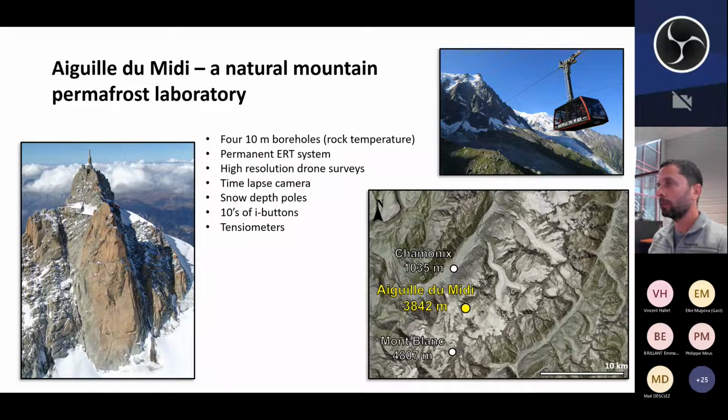And we use drone surveys, time-lapse cameras and snow depth poles to monitor snow depth and accumulation, and temperatures, and many things that are listed here. But as I mentioned, it's water that we're interested in. It's all ways around it to get information to put in our numerical models. But again, it's very hard to get hands-on to really go into the water like we saw in the previous presentation.